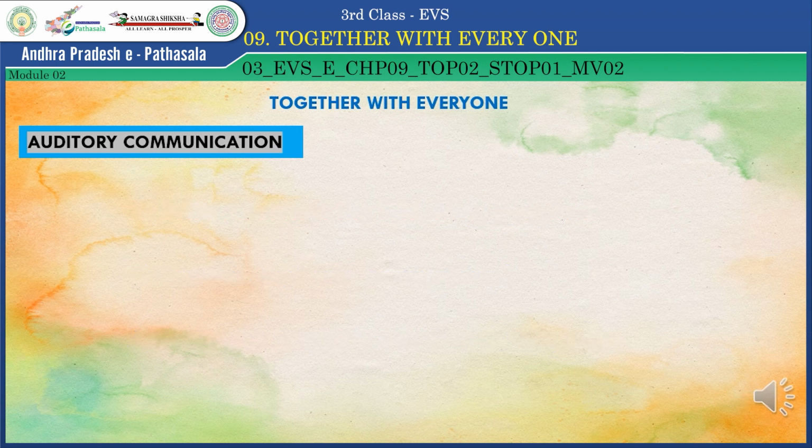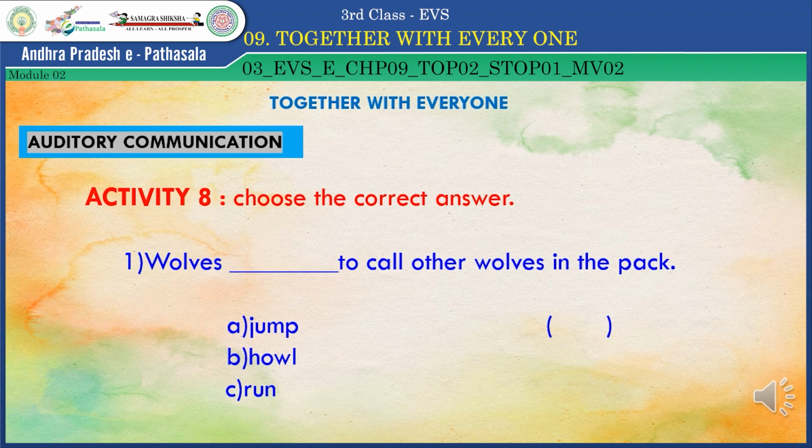Children, choose the correct answer. Wolves dash to call other wolves in the pack. Option A is jump. Option B is howl. Option C is run. Which is the right answer? Yes, howl is the right answer.